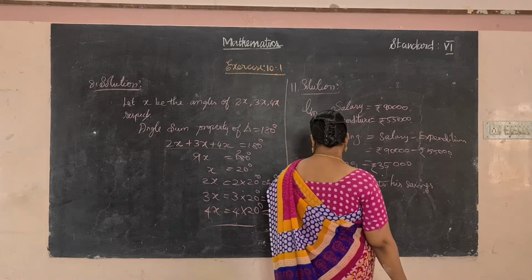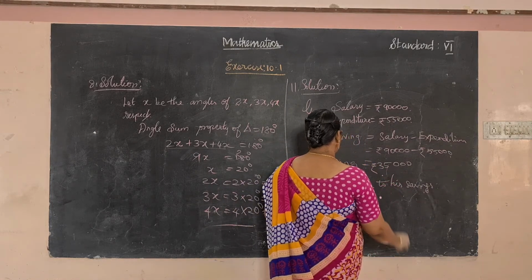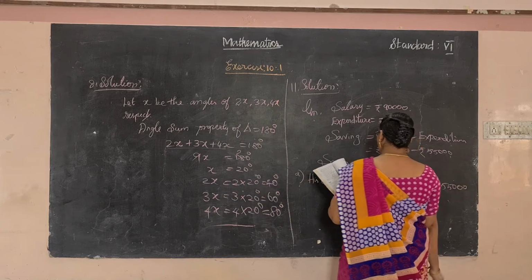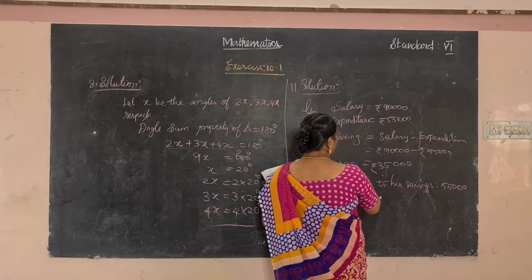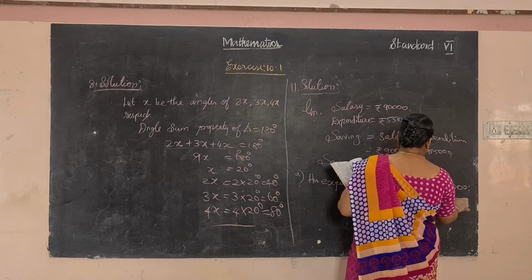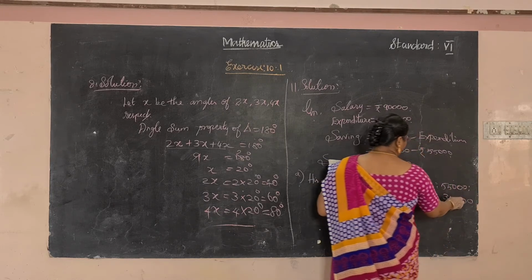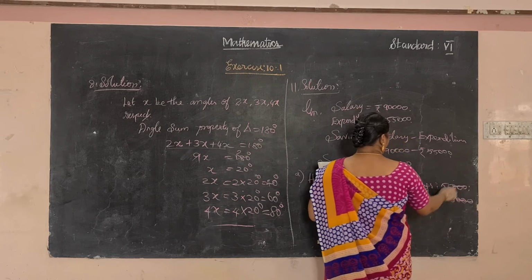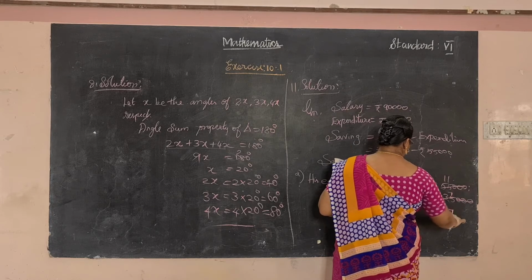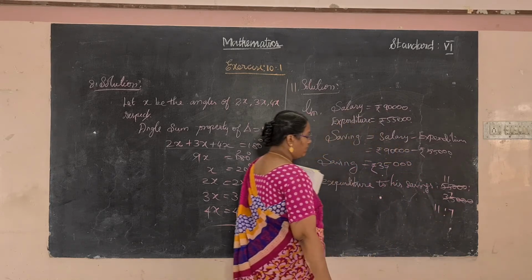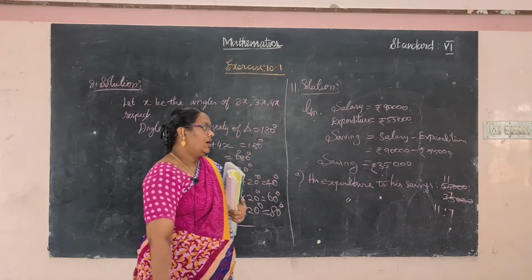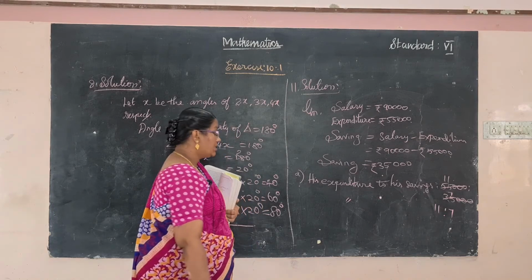So what is the ratio? The expenditure is 55,000 to his saving, which is 35,000. Now let's simplify. In the 5 table, the answer is 11:7. His expenditure to his saving is in the ratio 11:7.